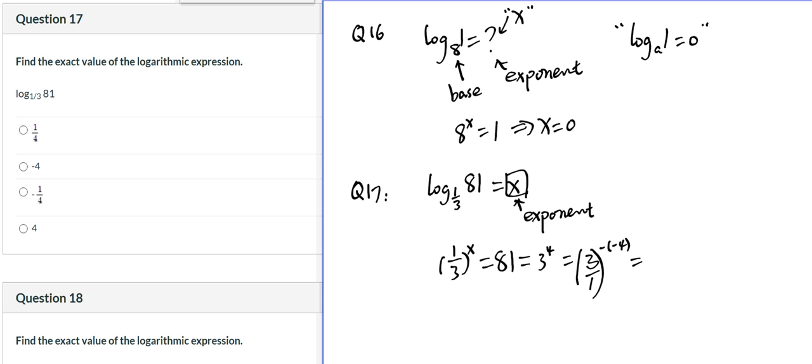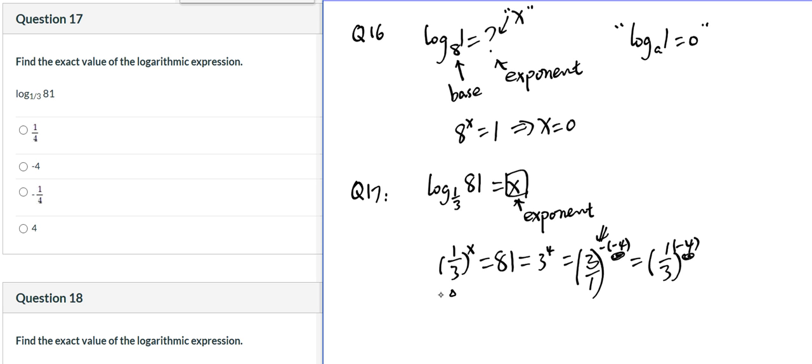Recall that previously I said in my lecture, if you want to eliminate this negative, you simply flip the inside quantity, and then the negative sign is going to disappear. But still you have a -4 as your exponent.